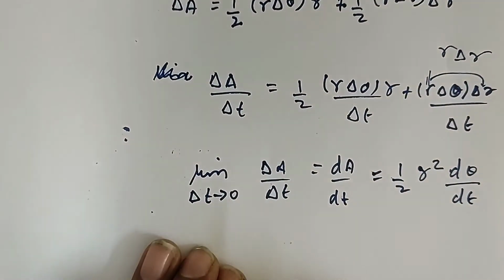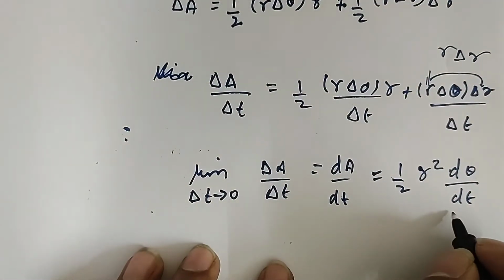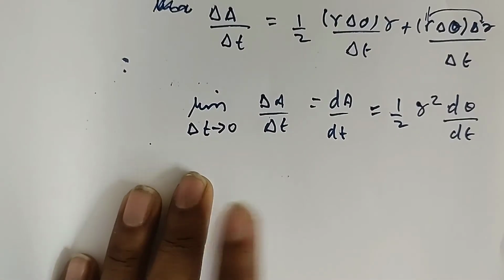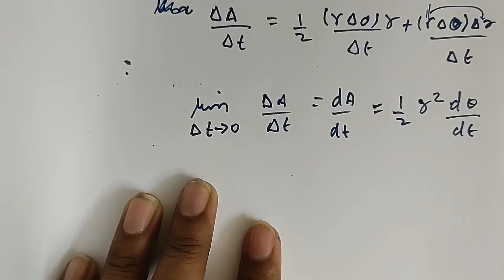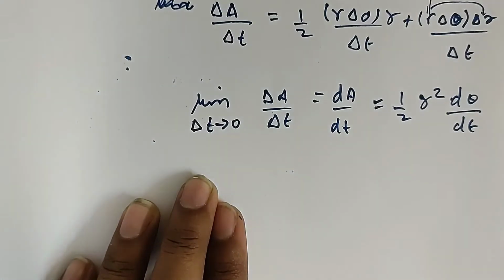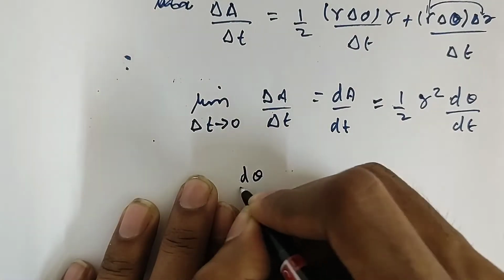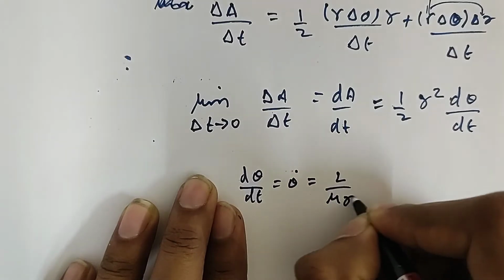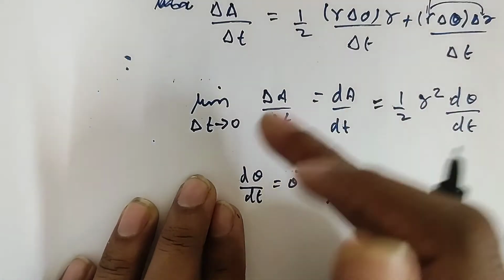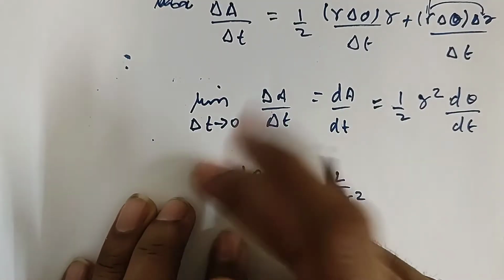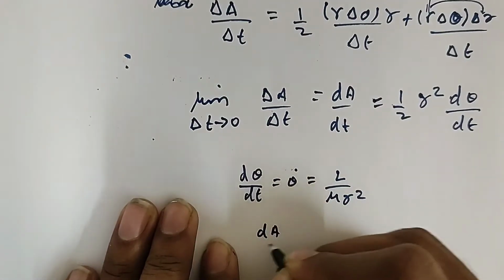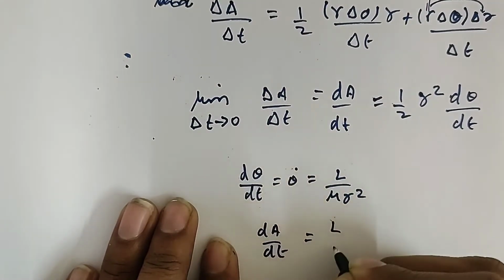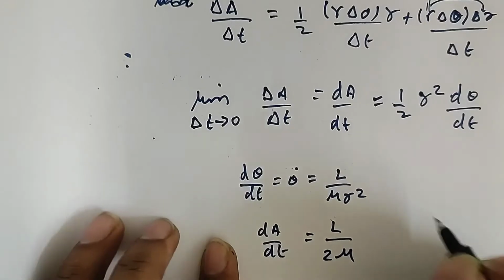We know that the angular momentum is related to angular velocity. You remember I told you this is one of the most important formulas. The angular momentum is related to d theta by dt. Thus we can write L upon 2 mu.